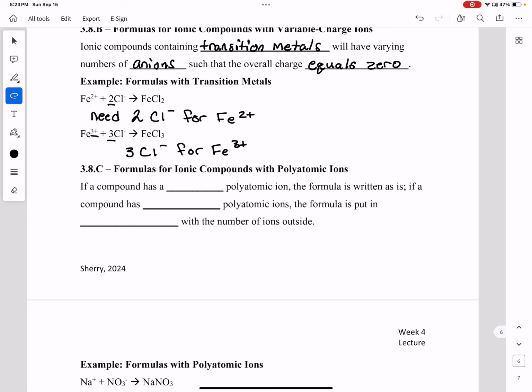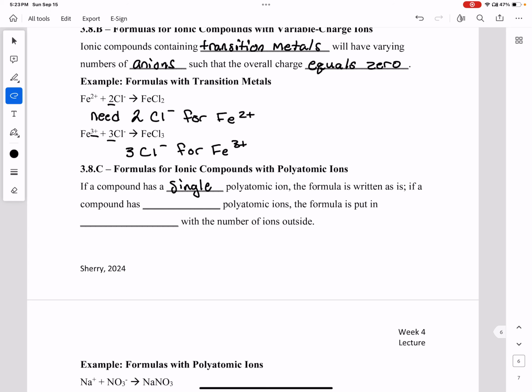And finally, we have formulas for ionic compounds with polyatomic ions. If they go together, not necessarily on a one-to-one basis, but you only need one polyatomic, then it's just written as is.